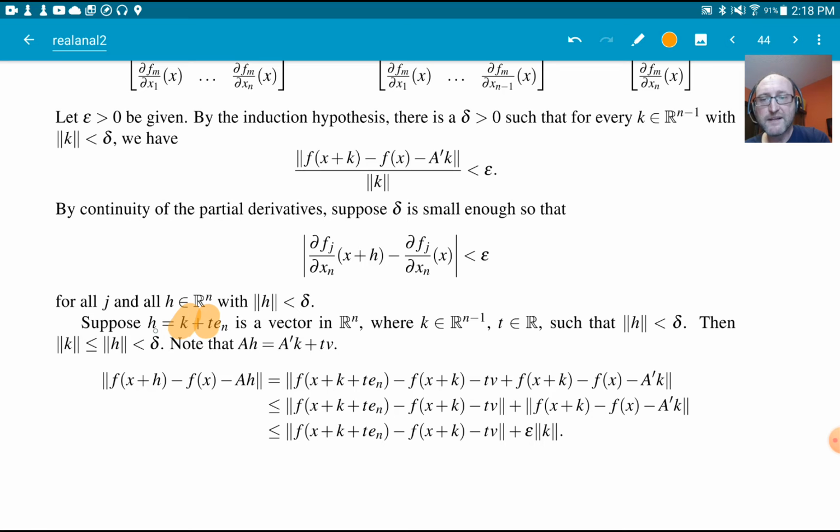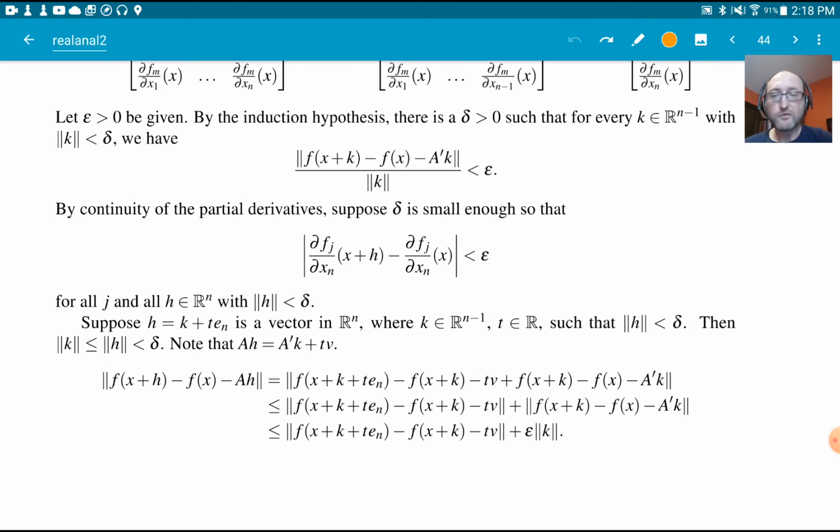So I'm basically writing this h as the first n-1 numbers, which I'm calling k, and then t, the last component, times e_n, where e_n is the standard basis vector. This is where these guys are living. And I'm going to assume that h is in norm less than delta.